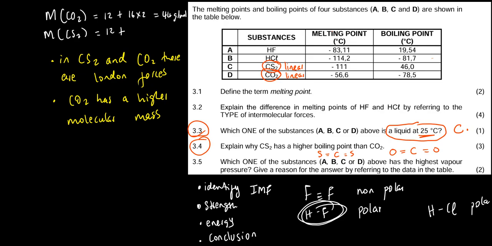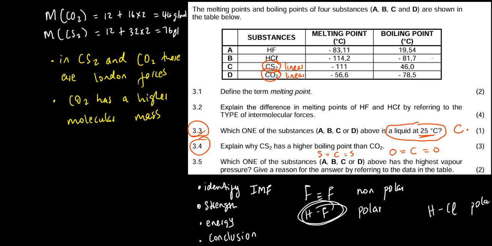It's how much? It's 32. Let's see. So it's gonna be 32 times 2. So that would be 64, 74, 76 grams per mole.